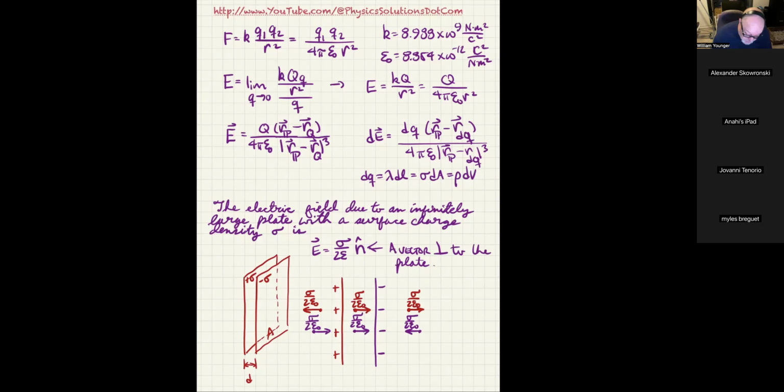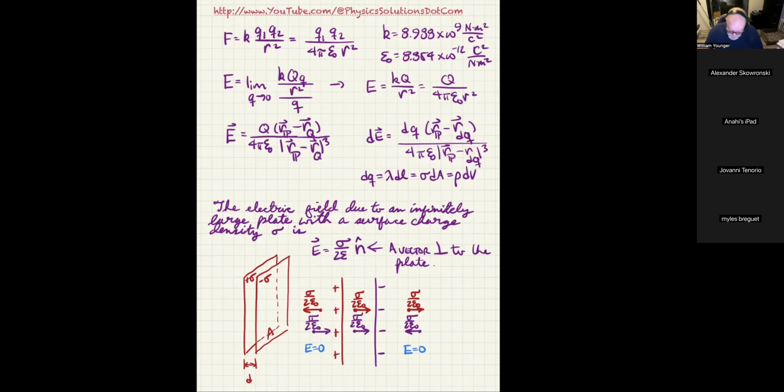So now we can see how these electric fields act in these three regions. In the region on the left, we get E equals 0 because sigma over 2 epsilon naught to the right plus sigma over 2 epsilon naught to the left add to give you 0. Similarly, on the right hand side of the two plates, that would also give me E equals 0.